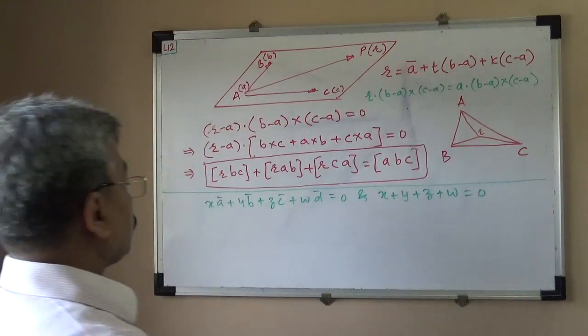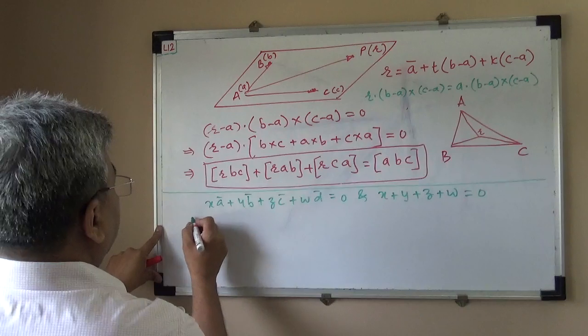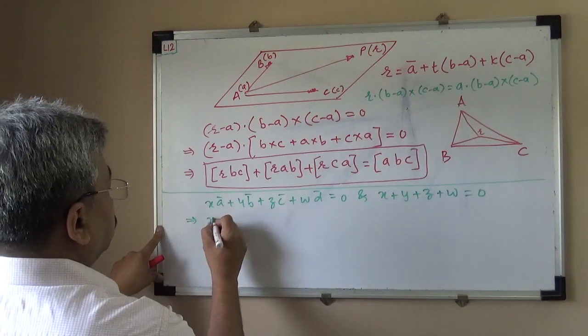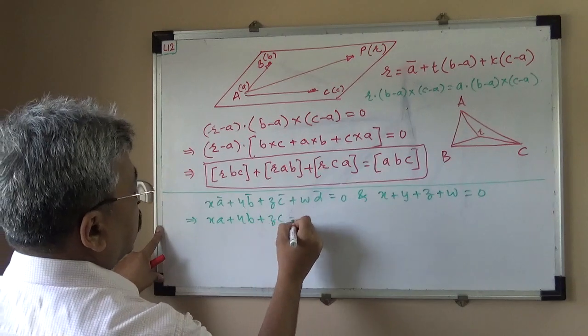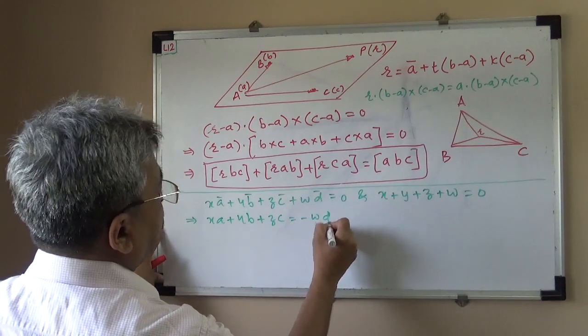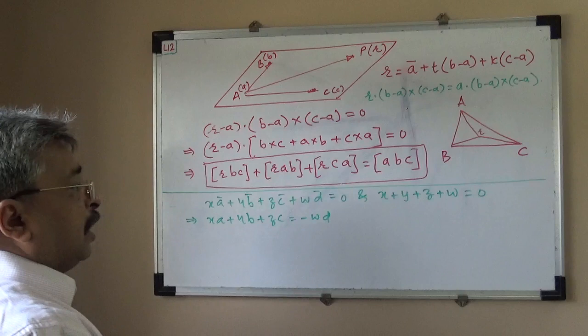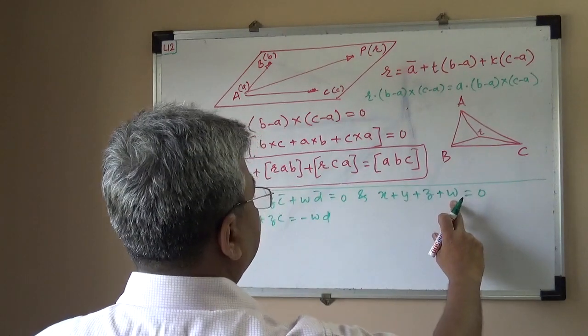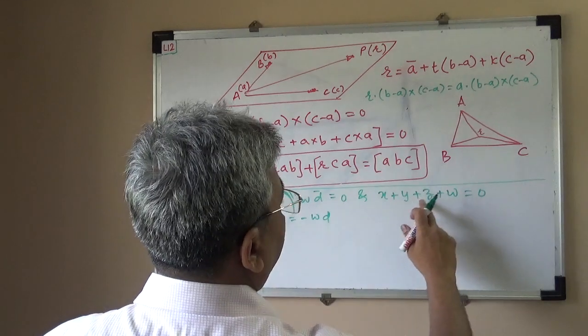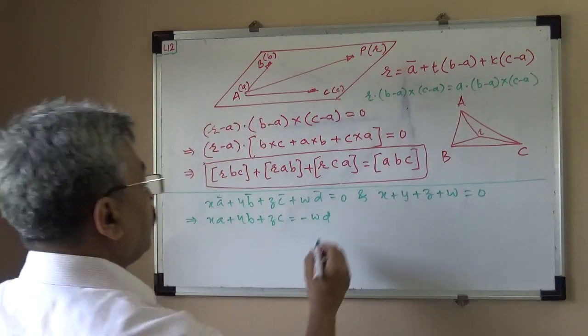Now what we will do here is let us do a little bit of algebra again. xA plus yB plus zC is equal to the opposite of wD if we take it to the other side, and w can be expressed as the opposite of x plus y plus z.